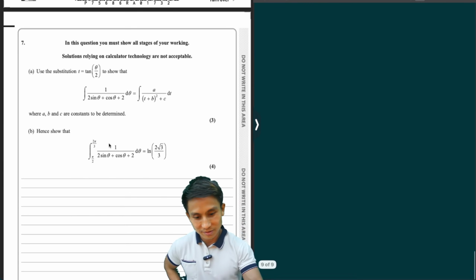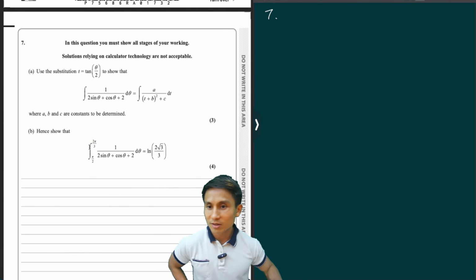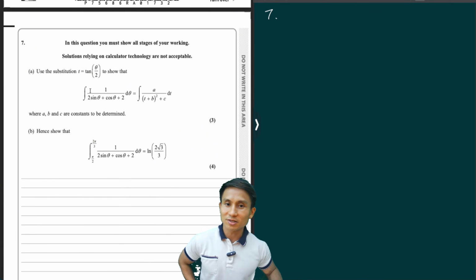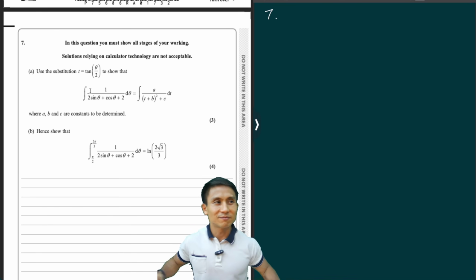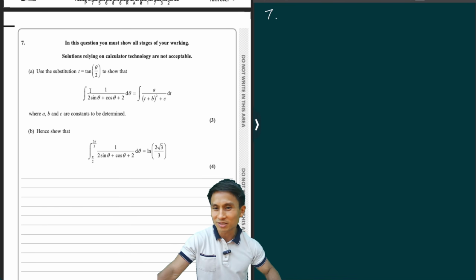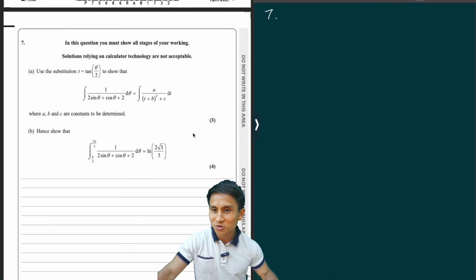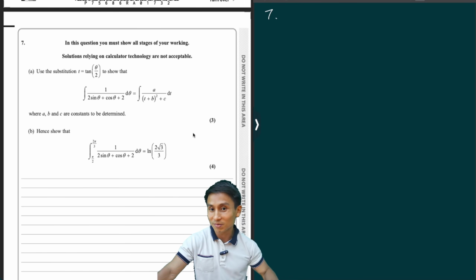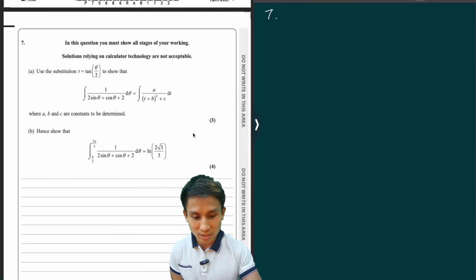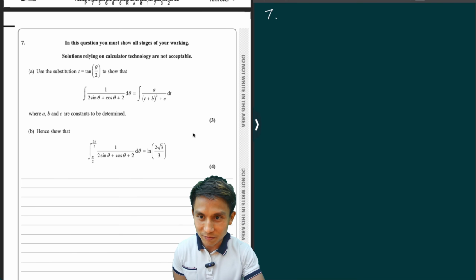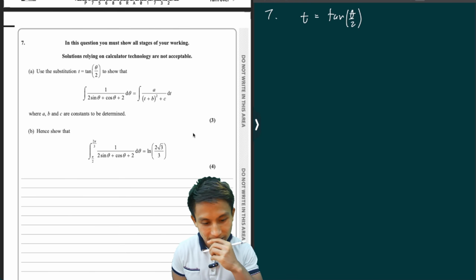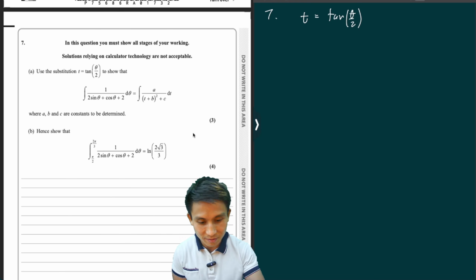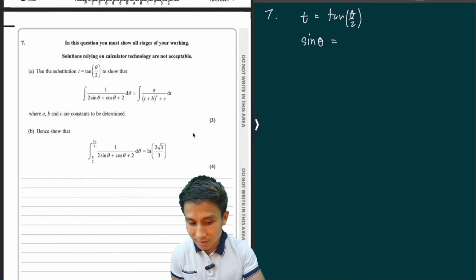Number 7. Use the substitution. This is Weierstrass, I can't pronounce his name, but there you go. Use substitution t equals tan theta over 2 to show that the integral is as given. We should get first that if t is tan theta over 2, then sine theta would be 2t over 1 plus t squared.